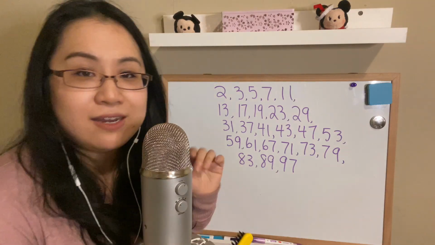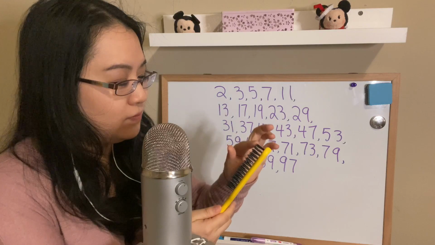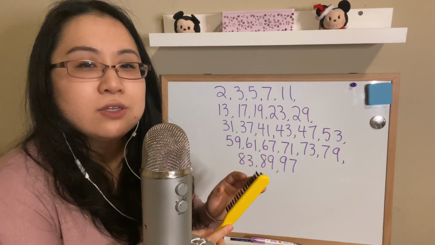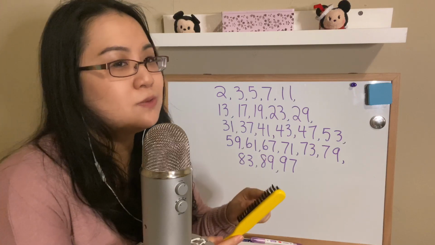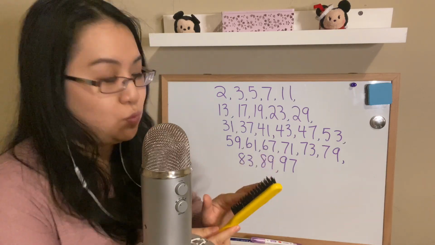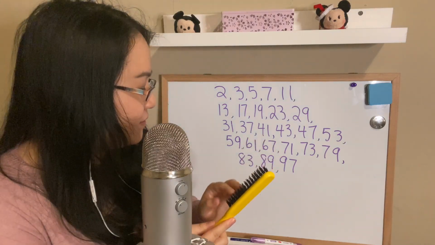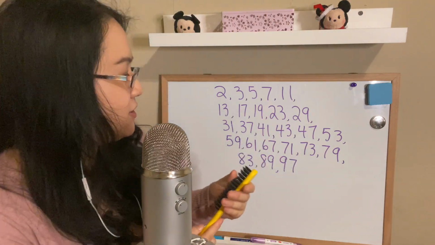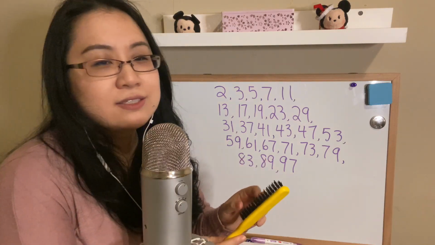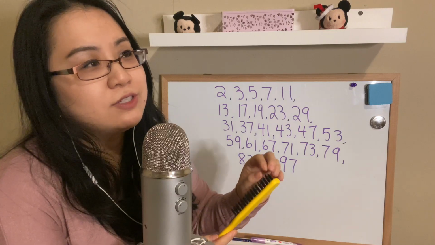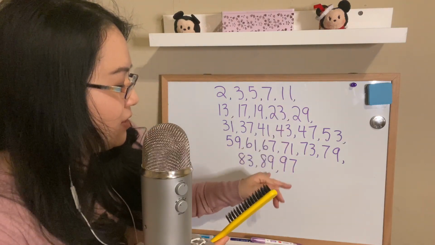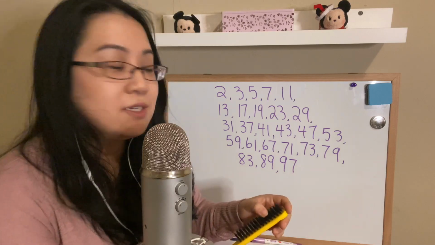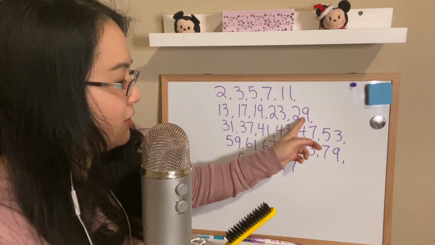83 is prime. 84 is 4 times 21, so we have 2 squared times 3 times 7. 85 is 5 times 17. 86 is 2 times 43, which is prime. 87 is 3 times 29, which is prime.